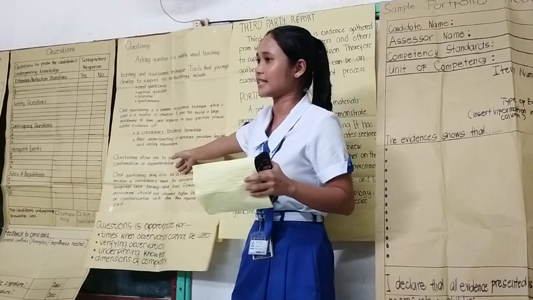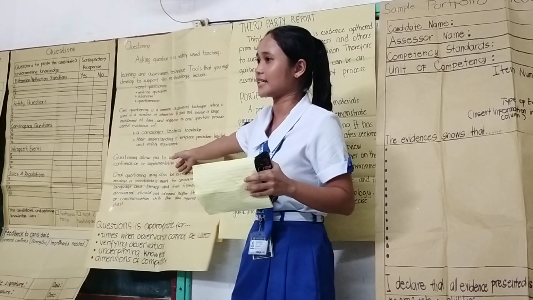So next is the third-party report. Third-party evidence is evidence gathered from workplace supervisors, peers, and others to support an assessment decision. Therefore, gathering third-party evidence can be an essential part of the assessment process.